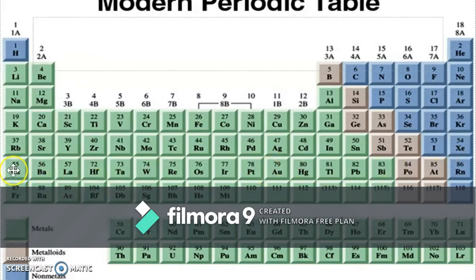The 6th row also starts from cesium and ends at radon and consists of 32 elements, and this is known as the long period. The seventh row starts from francium and ends at dubnium, and it is called an incomplete row.